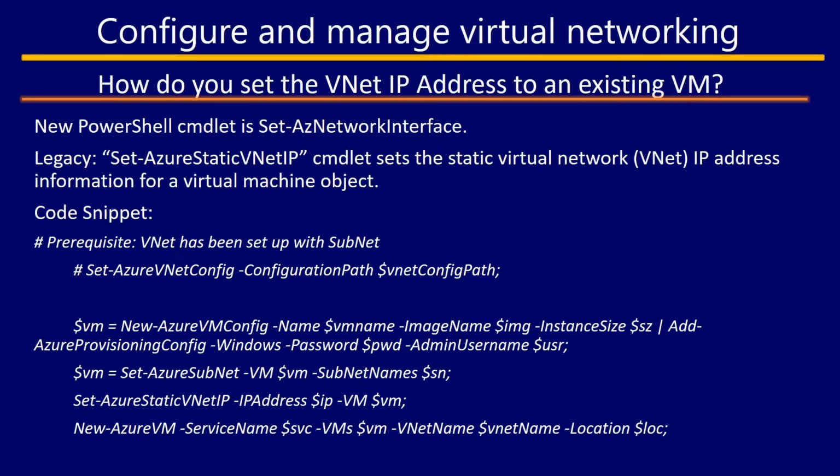In the code snippet I have given, the prerequisite is that a VNet has been set up with a subnet, then the cmdlet, then the command goes on. I will definitely paste this cmdlet and the code snippet in the description of this video. This is a very useful cmdlet that we use in our day-to-day cloud administration, Azure administration.